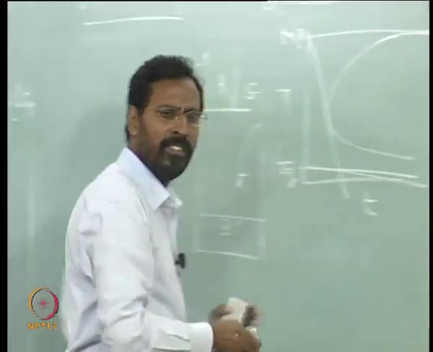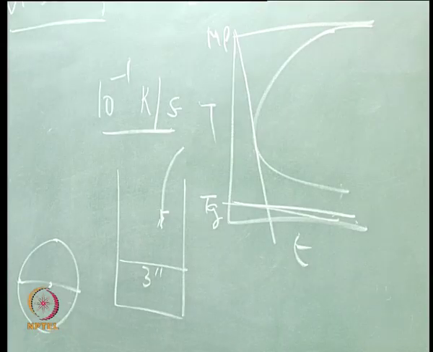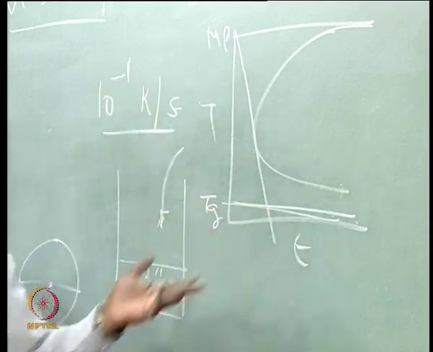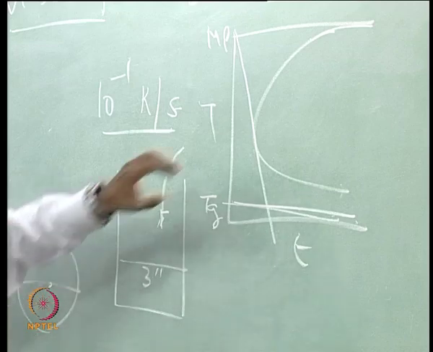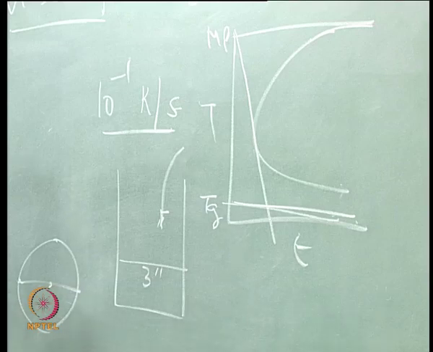You see, the concept is more or less similar. So, the moment that liquid is brought below the Tg, the liquid becomes a glass. This critical cooling rate for pure metals is very high.